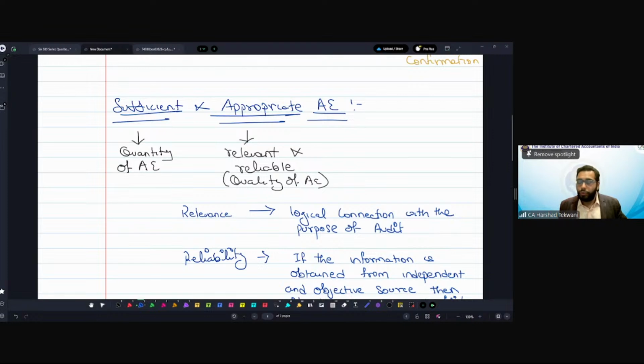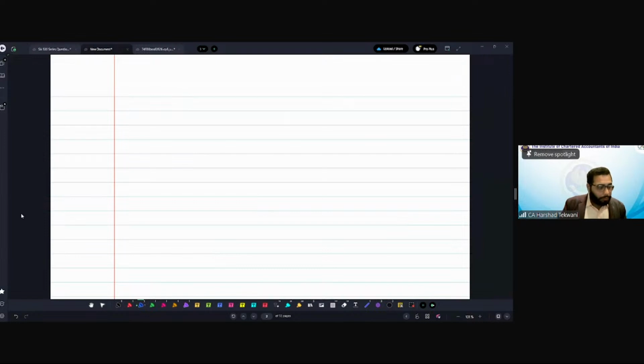Then how do we rely on that information and how do we use it? Information to be used as audit evidence.